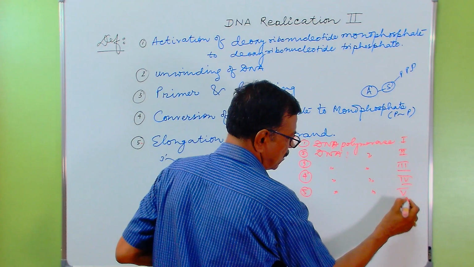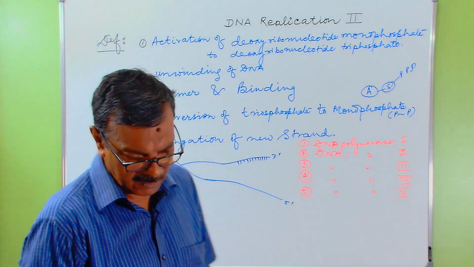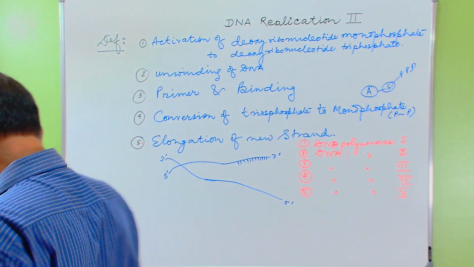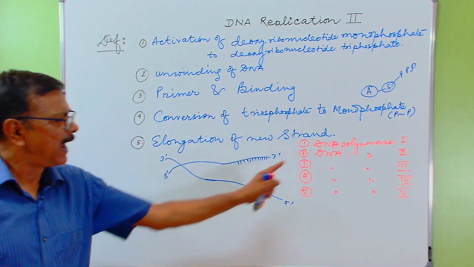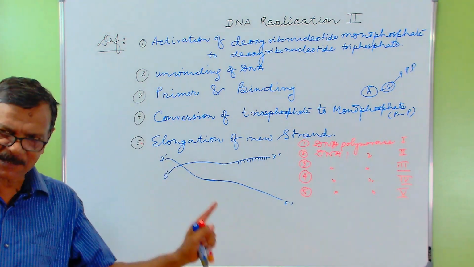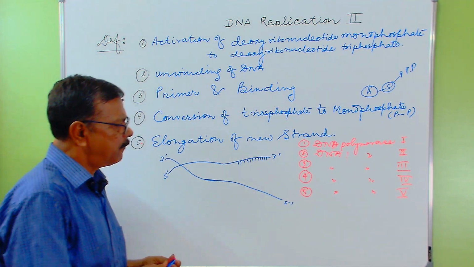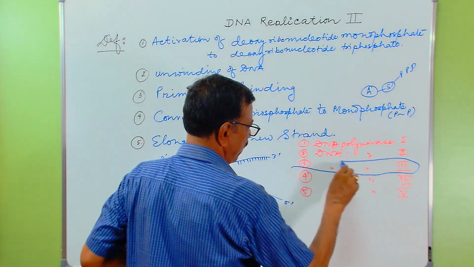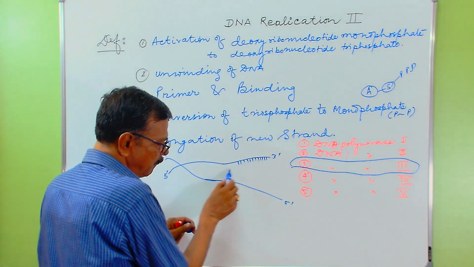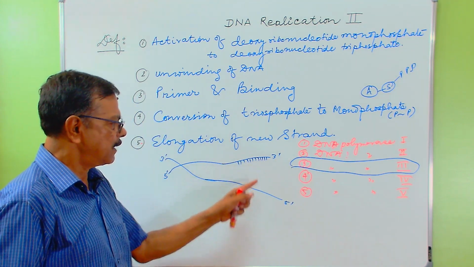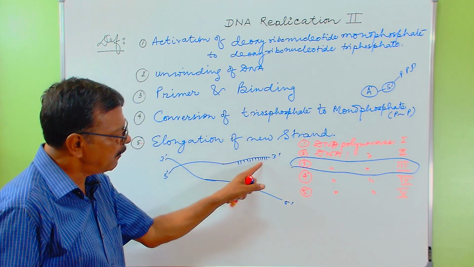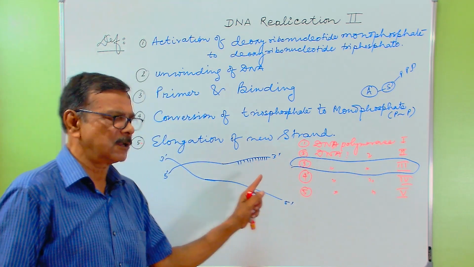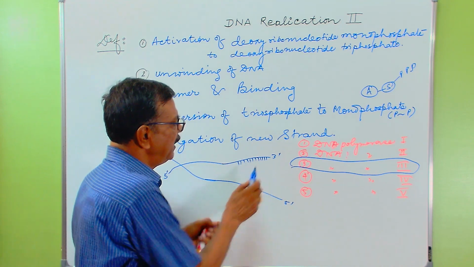There are 5 types of DNA polymerase in bacteria. In bacteria and E. coli, polymerase 3 is the main elongating enzyme. Here, this is known as the replication fork, and from here in bacteria and others, polymerase 3, and in human cells also, polymerase 3 is the main enzyme.